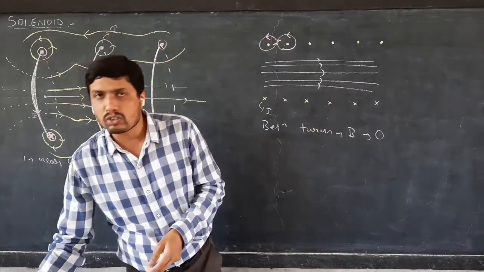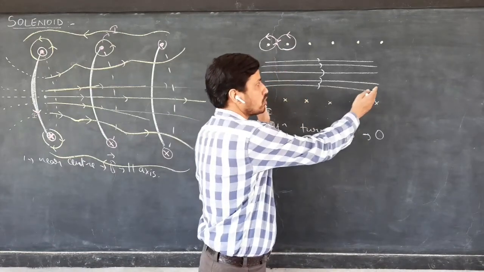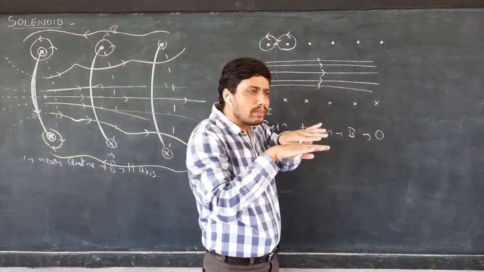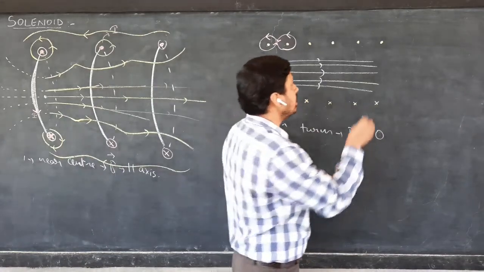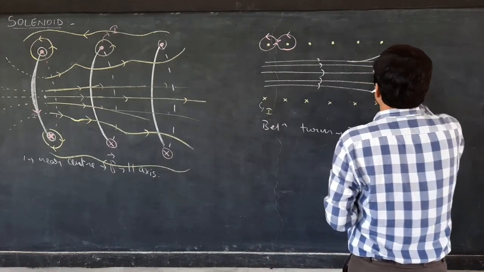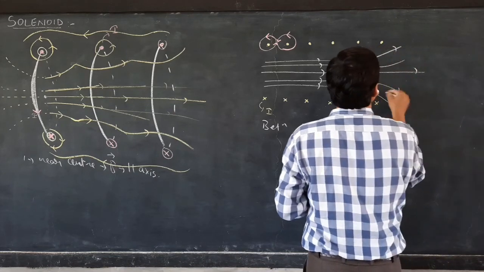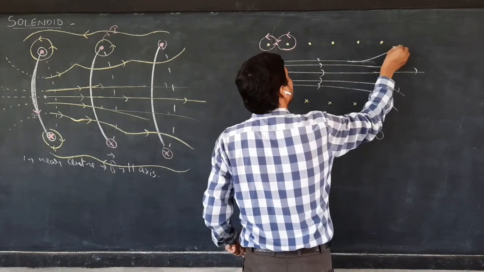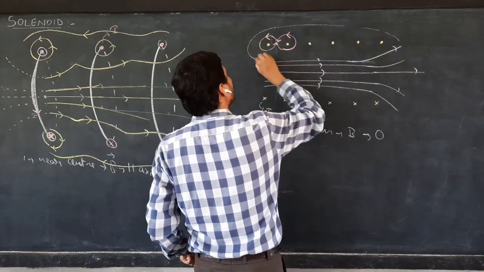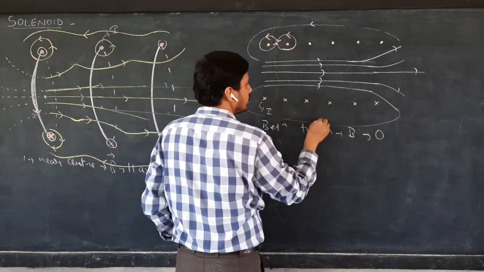So for finite length solenoids, as you move away from the center towards the end of the solenoid, magnetic field lines start curving, forming a loop in this way.